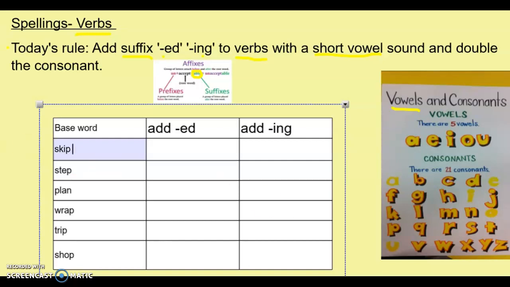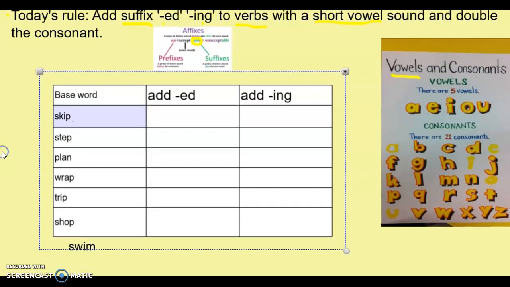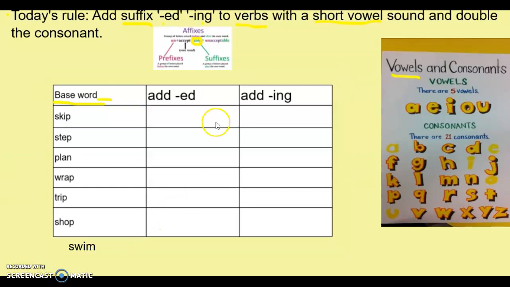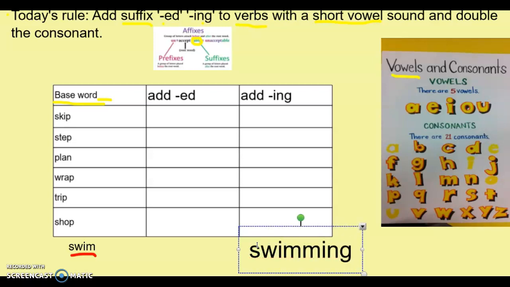There are some exceptions to this spelling rule. For example, I'm going to take this word here at the bottom, swim. If I was to add a suffix to that word, because it has a short vowel sound I followed by an N, I could change swim into the present tense. Abdullah is swimming, and I would double up that consonant.